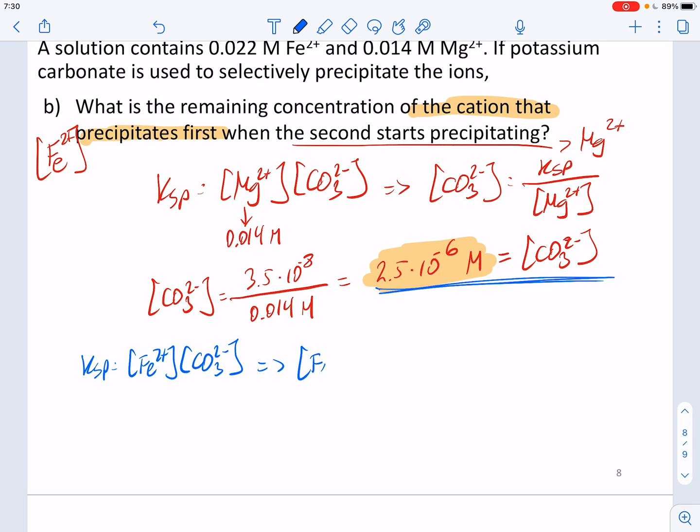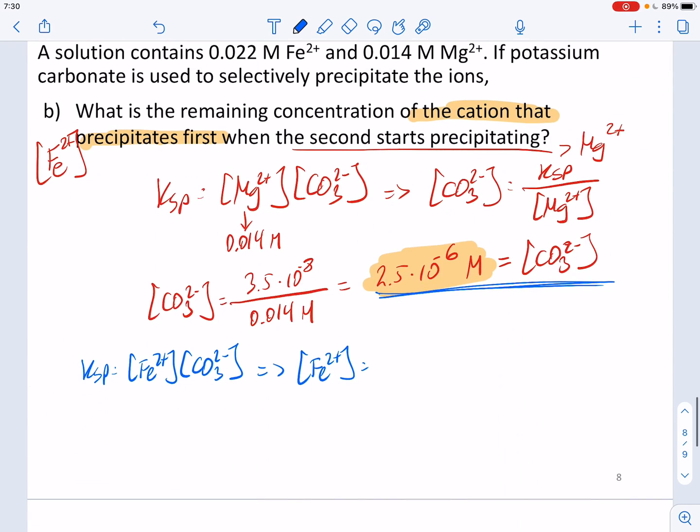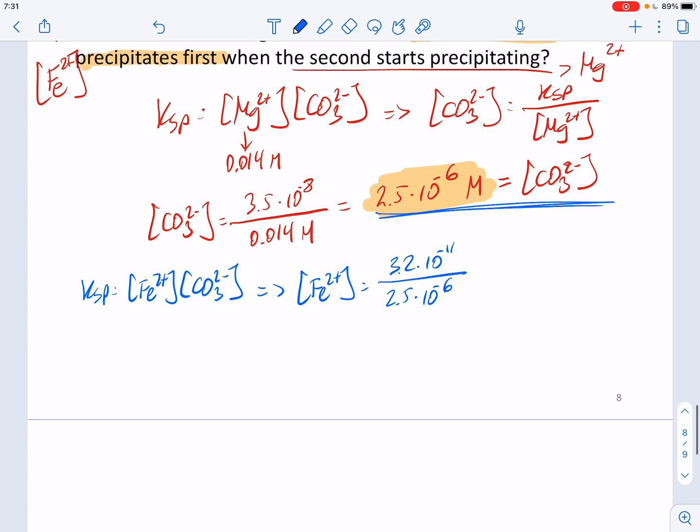So the concentration of iron is going to be KSP for iron carbonate. Very important, that step: iron carbonate. So 3.2 × 10^-11 divided by the concentration of carbonate, which is now 2.5 × 10^-6, and this is equal to 1.28 × 10^-5.